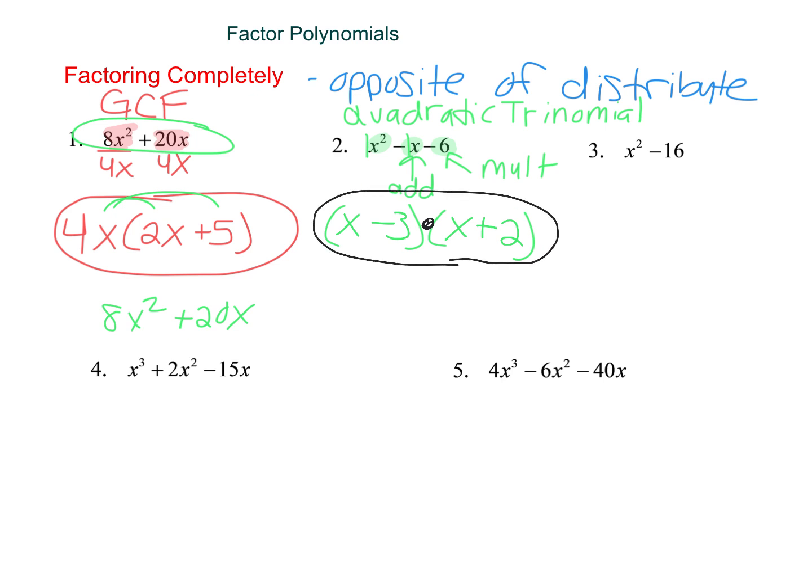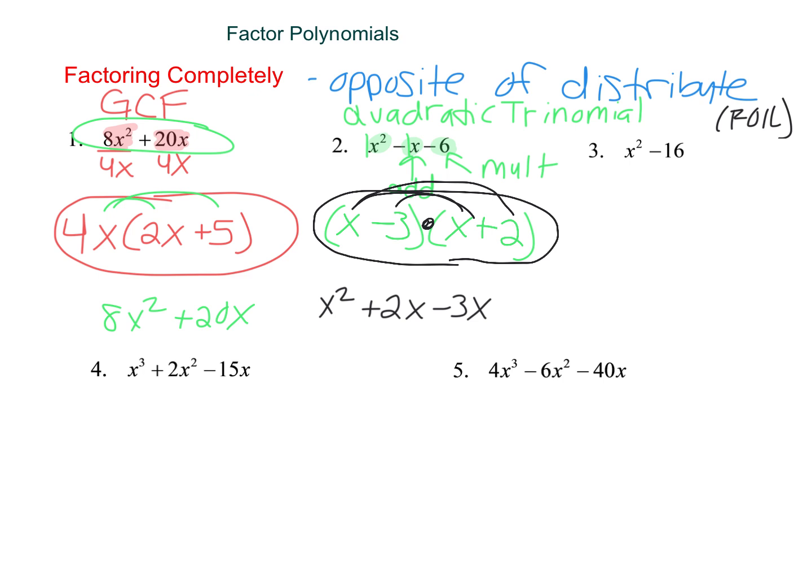If I'm foiling to check this answer, that means first, outer, inner, last. So if I did the first term times the first term, that's x squared. Then if I do the outside terms, x times +2 is a +2x. The I in FOIL stands for the inside terms. -3 times x is -3x.